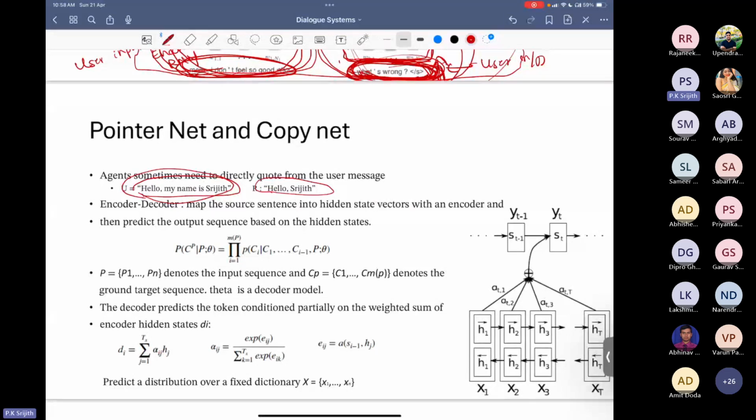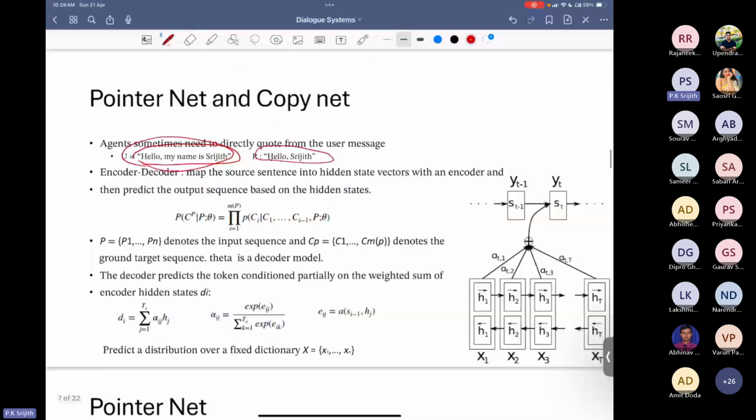So people have come up with some ways to overcome this, and some kinds of models which can simply copy the input to output. We'll see how they are done. First, let's look at how the standard encoder decoder model works with attention.